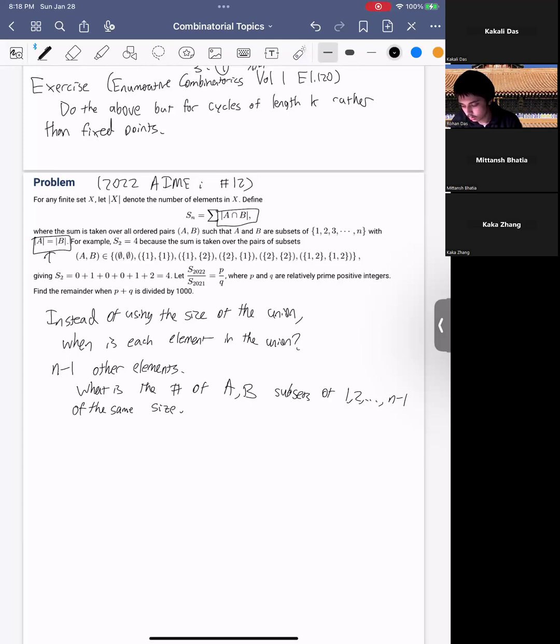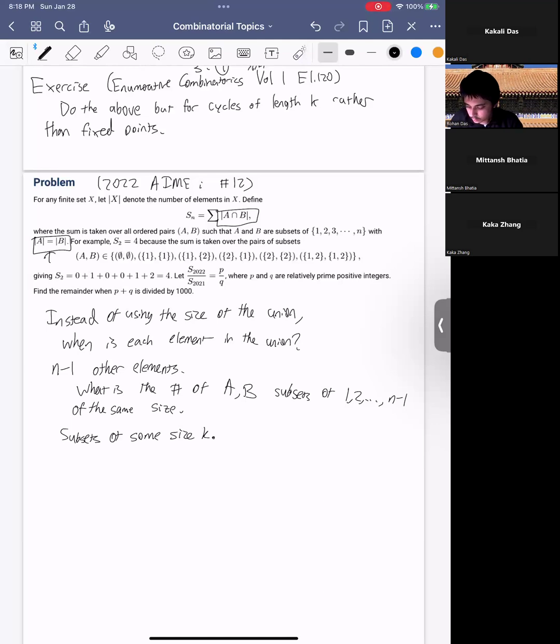It's still quite complicated to finish from here, but it actually is helped a lot by the Vandermonde intuition from before. So we have subsets of some size k.